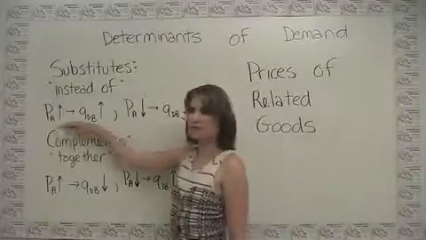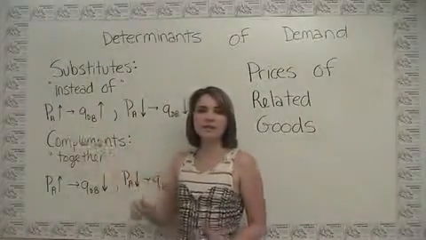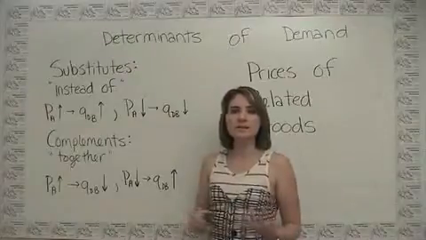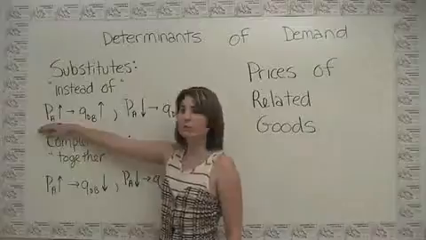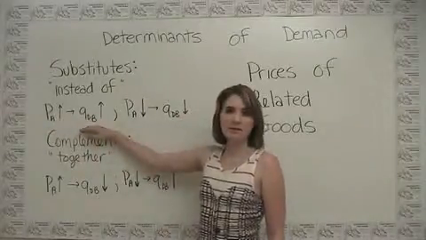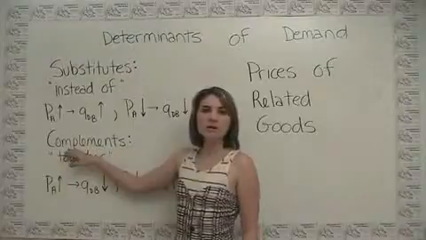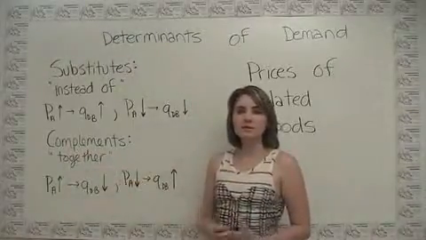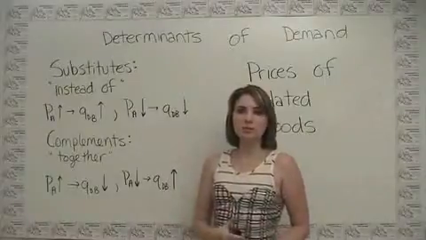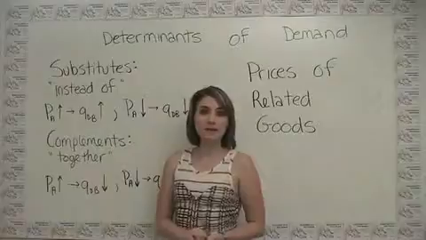Notice that this is different from the specific demand curve relationship, because now rather than talking about the price and the quantity demanded of the same item, we're talking about the price of one item versus the quantity demanded of the other item. Complements, or complementary goods, are things that are consumed together, such as DVDs and DVD players, iPods, MP3s, things like that.